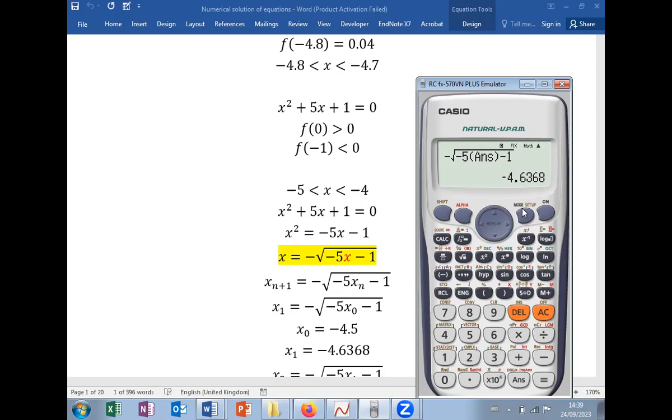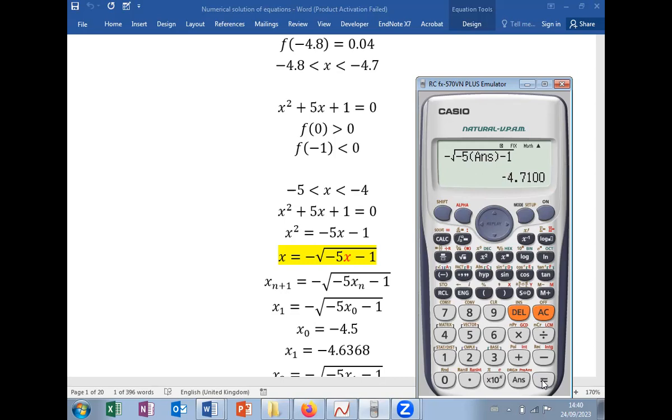And till when are we supposed to carry on with this? Until our input becomes equal to our output. In short, we get two same values for our iterations. Is this right? That is what you're supposed to do. Note this down and then you just press equal to. This is your x2.